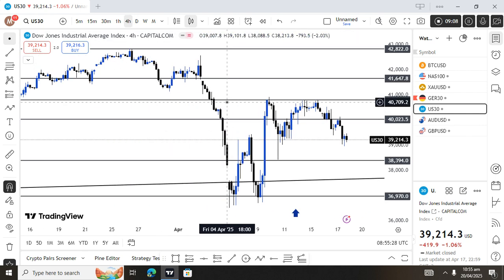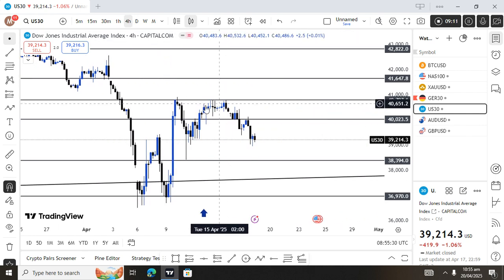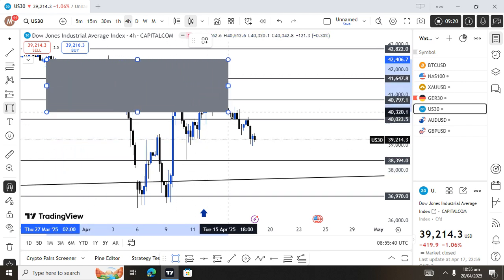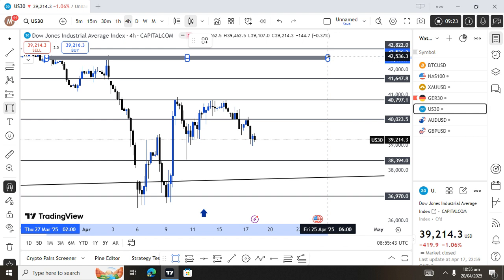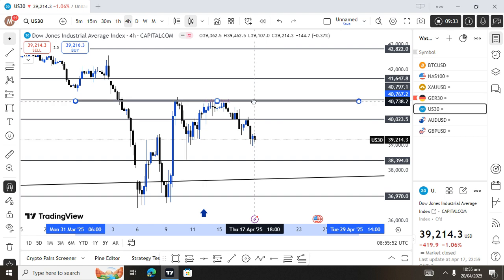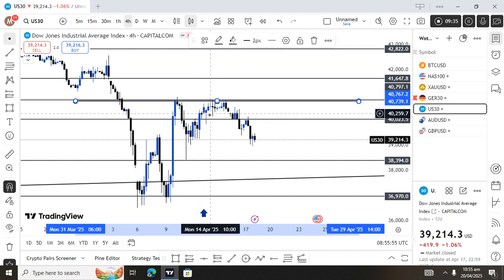So then here we're in our 4 hour. You see, we have to mark this area. When we mark this area, we'll make sure that when the market comes here, because this is a strong zone, we are expecting the market to reject this.